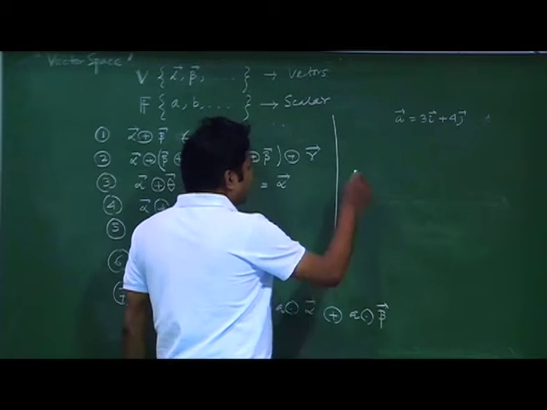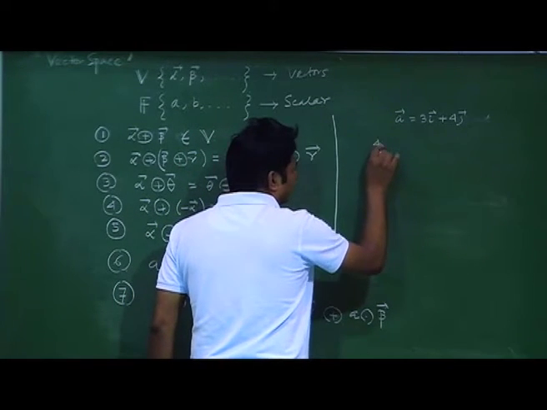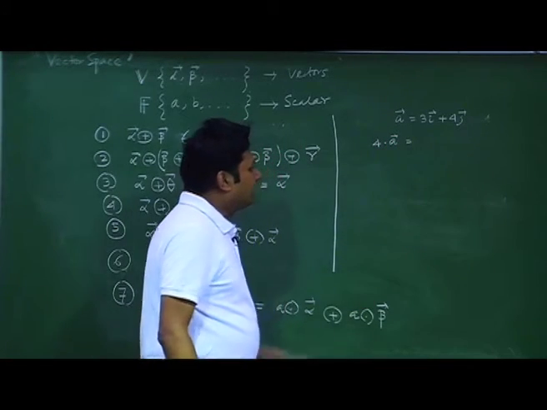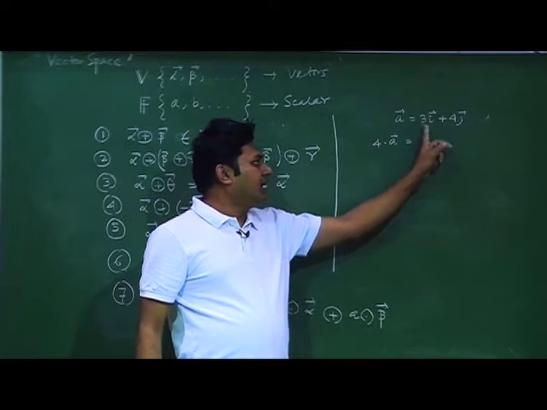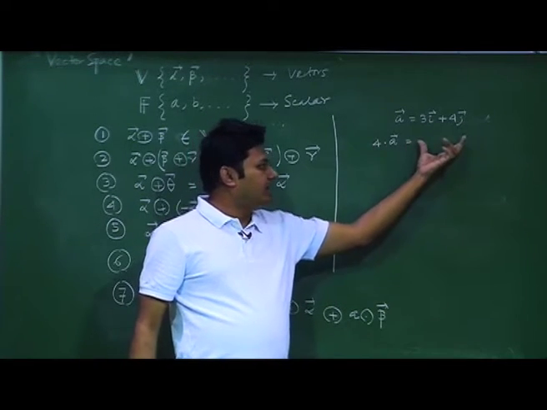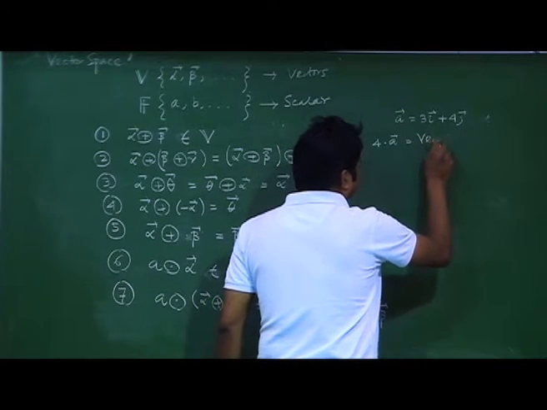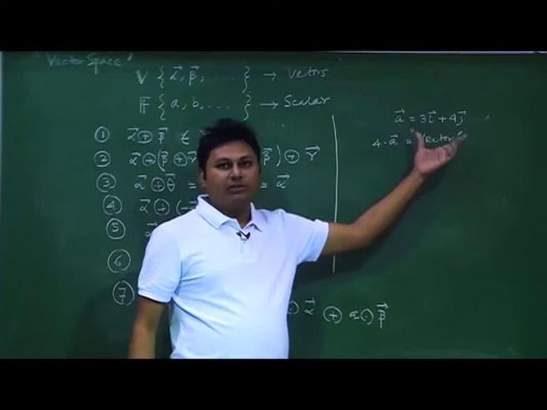Now, if I multiply any scalar quantity, a real number, say 4, multiplied by a, this is quite simple, and you can say that this is quite trivial, that they will multiply and I will have another quantity which is a vector. So, this quantity is nothing but a vector with some values.